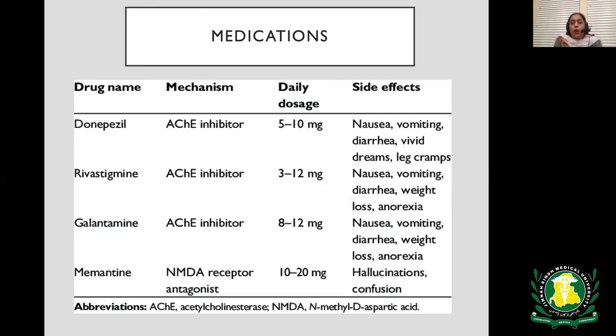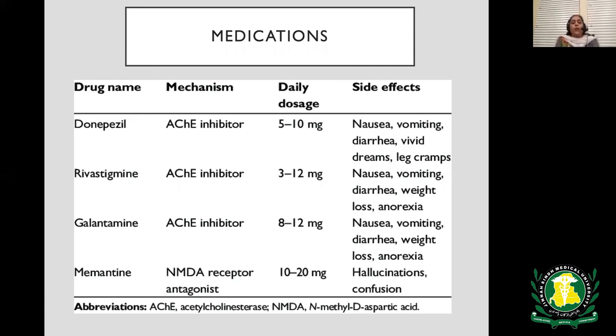The most common problems with these medications are GI side effects, and patients cannot tolerate them, so it's common practice to start with a very low dose, see how the patient tolerates it, and increase it slowly.